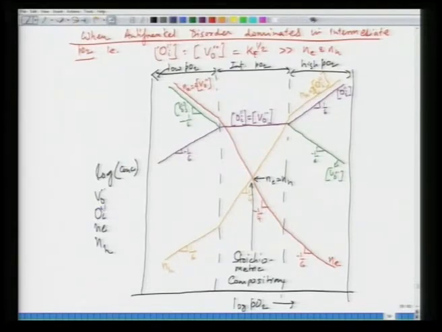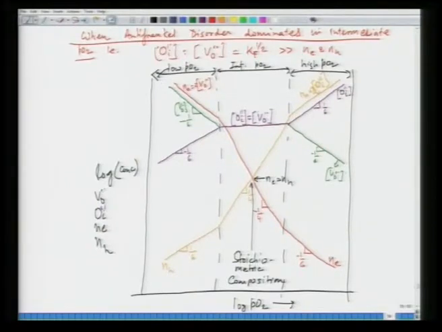Since we know Ne is equal to 2 VO and NH is equal to 2 OI, we draw the lines for both Ne and NH as per the slopes obtained in each of these regimes. So these are two equilibrium diagrams that we developed, and they are very easy now. They look complicated, but they are much easier to derive if you know the fundamentals well and write the defect reactions properly.